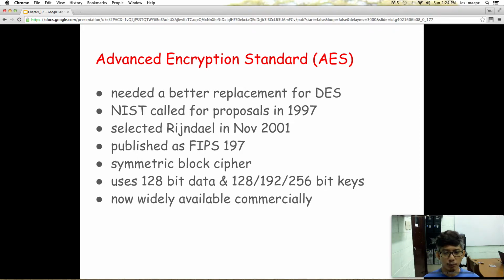So compared to DES, which is 64 bits for the plain text and ciphertext blocks, in AES the size of the plain text block being processed and the ciphertext are 128 bits. It is also widely available commercially, and there are several implementations of it. In the lab we're going to look into the OpenSSL implementation of AES.